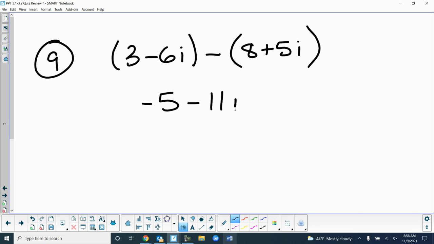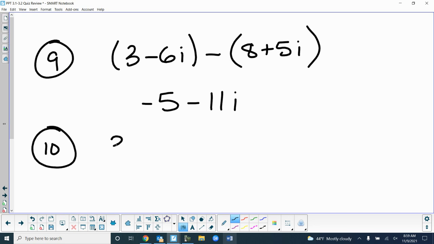Negative 11i. Where you might get tripped up is when there's a minus inside the parentheses, then you've got minus a negative. You have to turn it into addition, right? So just combine like terms.